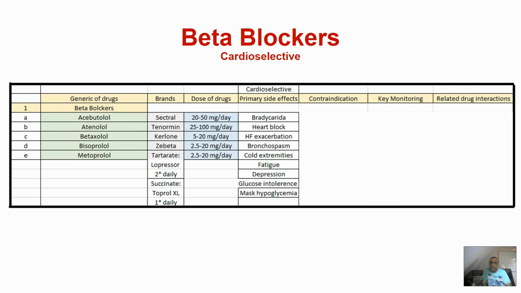Normally it can cause bronchospasm, usually at higher doses, and it can cause cold extremities. Lipophilic beta blockers can cause fatigue and depression, and for diabetes mellitus patients the main side effect is glucose intolerance, because it can mask hypoglycemia.